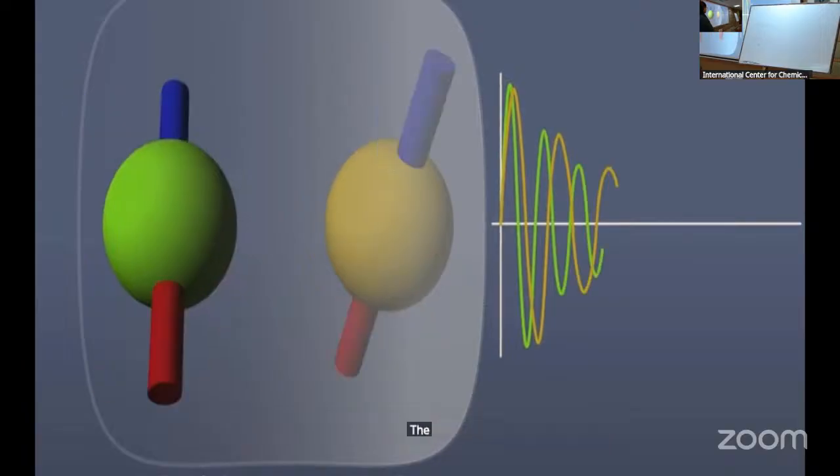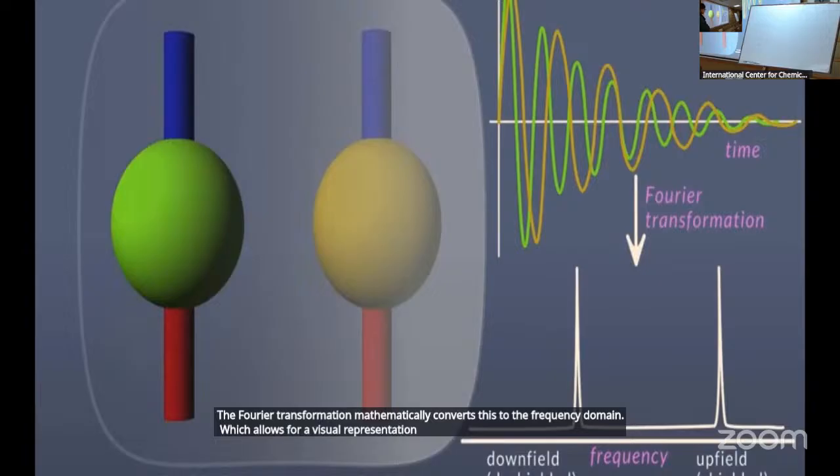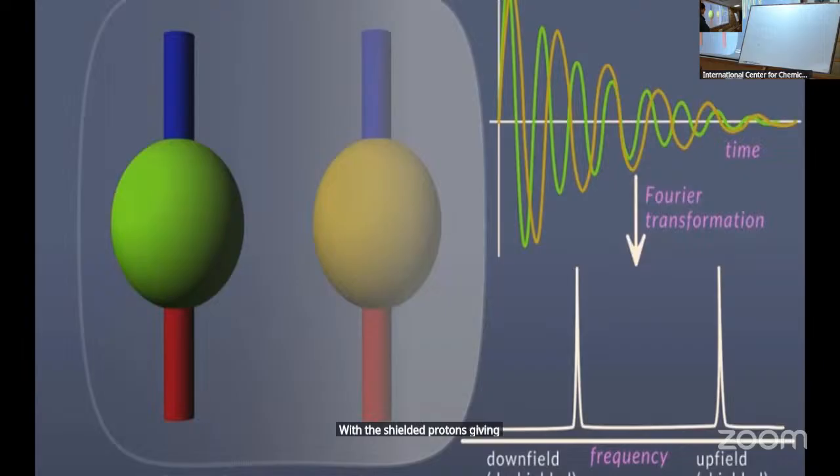The FID is a representation of the wave in the time domain. The Fourier transformation mathematically converts this to the frequency domain, which allows for a visual representation in an NMR spectrum, with the shielded protons giving peaks at the right side and the deshielded protons giving peaks on the left side.